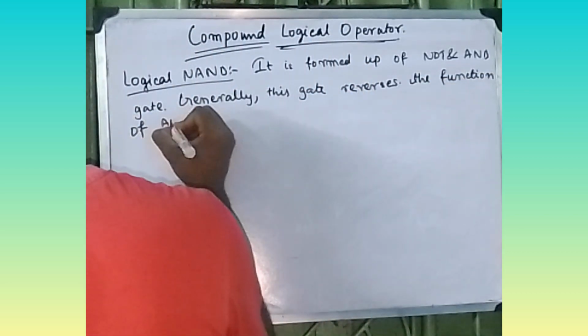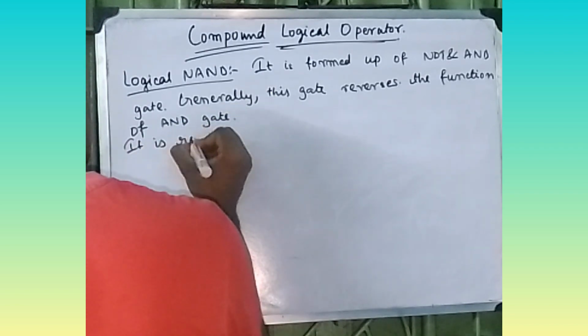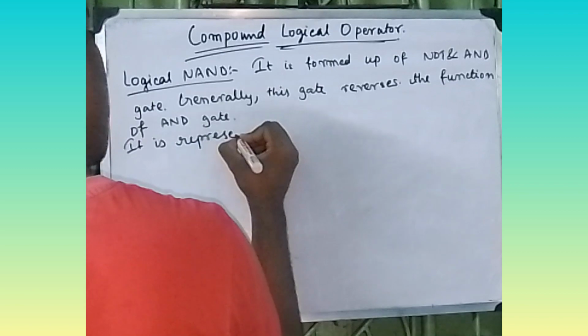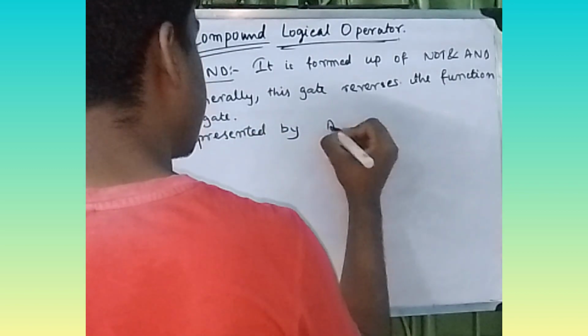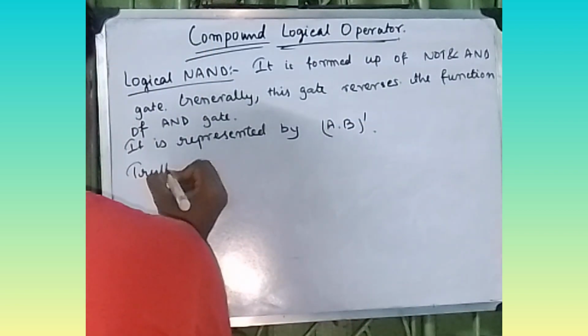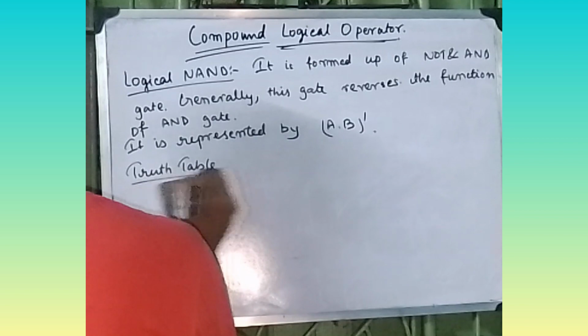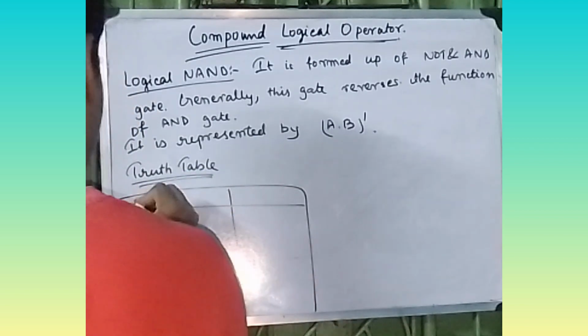It is usually represented by A dot B, whole complement. To understand this more carefully, we will draw a truth table.